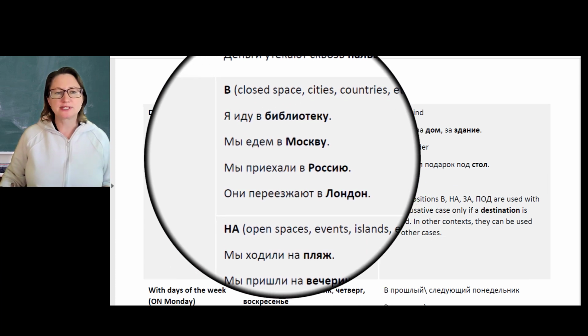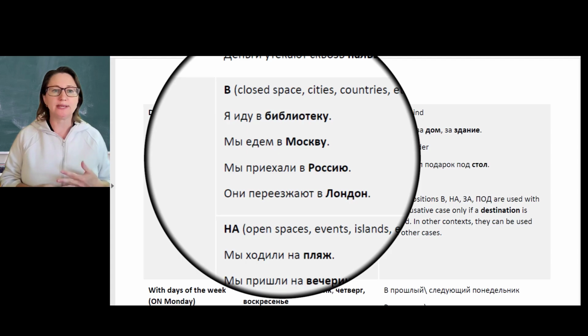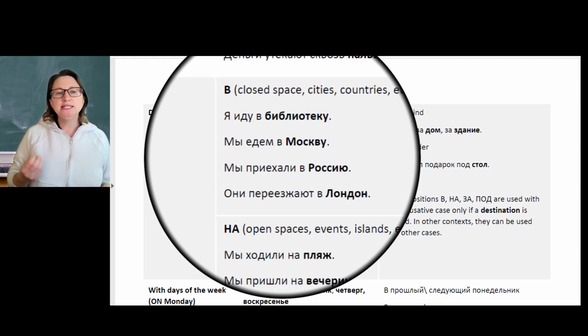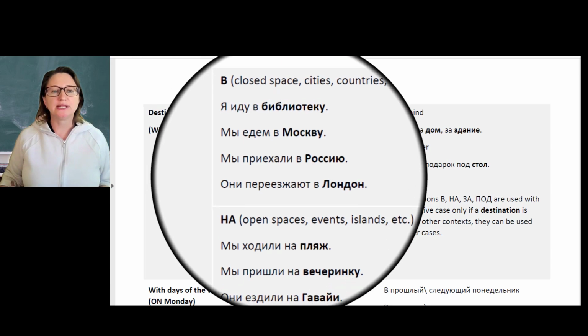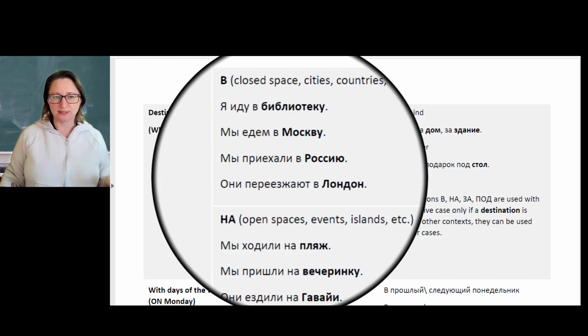So here are some examples that I think would be easy. Я иду в библиотеку. I'm walking to the library, or I'm going to the library. Мы едем в Москву. We're going to Moscow. Мы приехали в Россию. We arrived, or we came to Russia. Они переезжают в Лондон. They are moving to London.